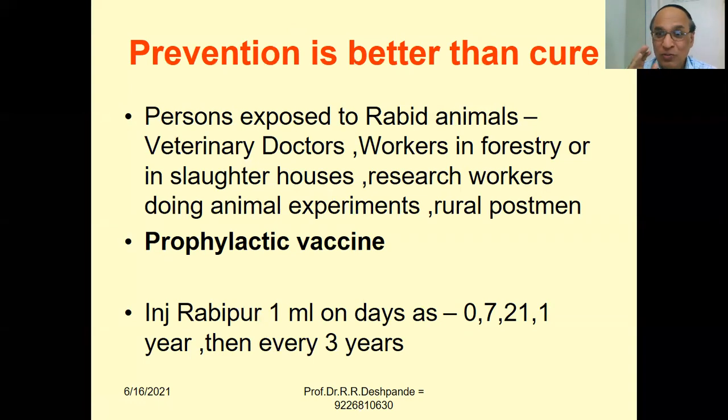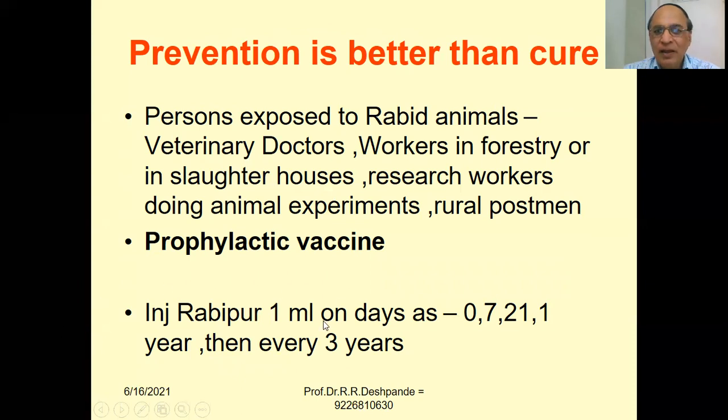Yes, rural postmen should be very careful. All these people are susceptible to dog bites, and that may be a rabid dog bite. So these people must take the prophylactic vaccine. Remember this word, prophylactic vaccine.